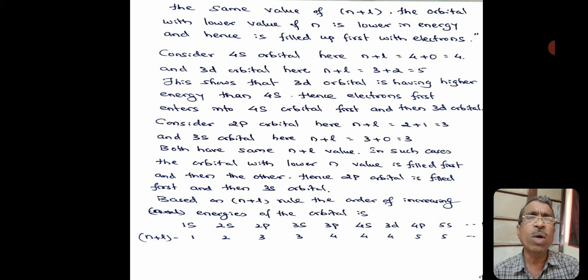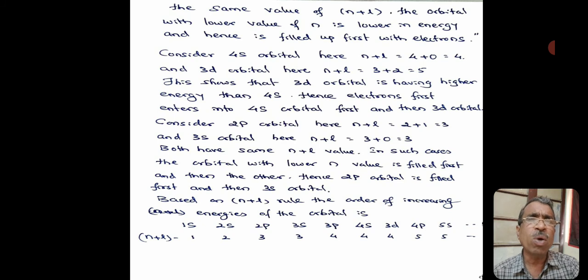And for the 3d orbital, n plus l is equal to 3 plus 2, which is 5. This shows that the 3d orbital has higher energy than 4s. Hence, electrons enter the 4s orbital first and then the 3d orbitals.